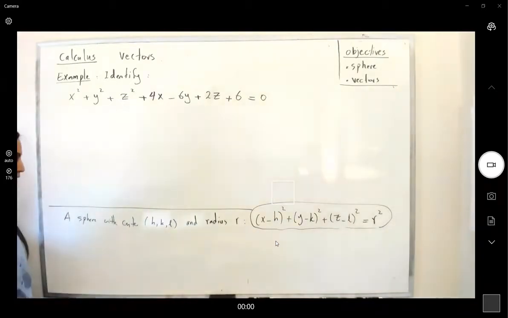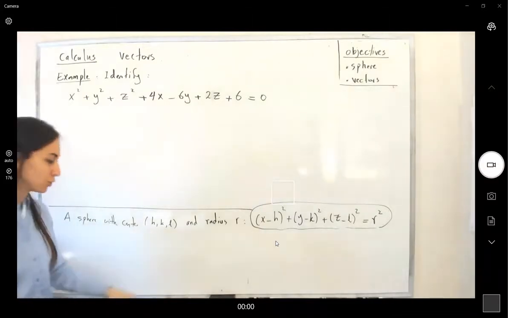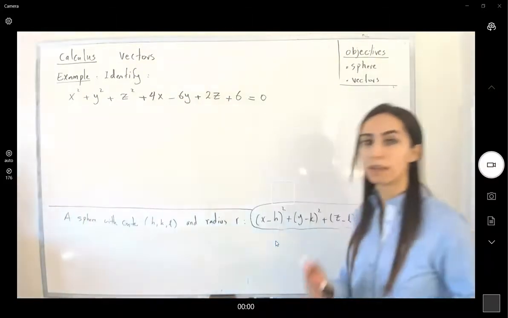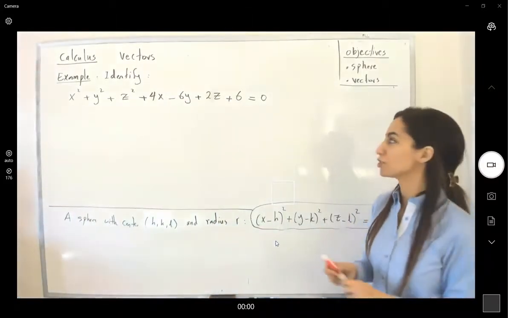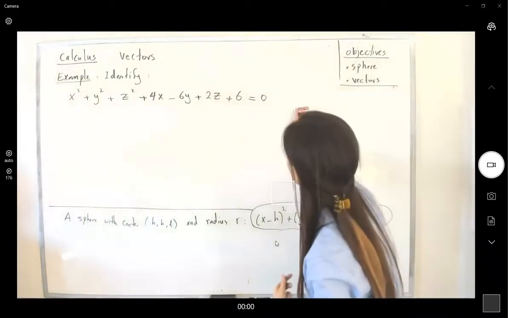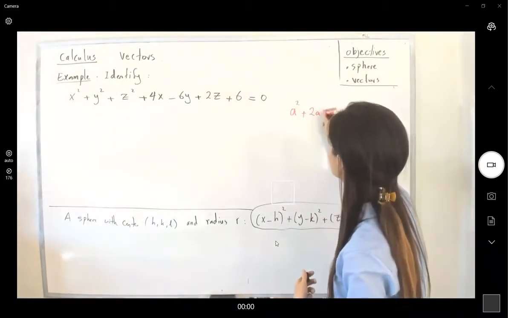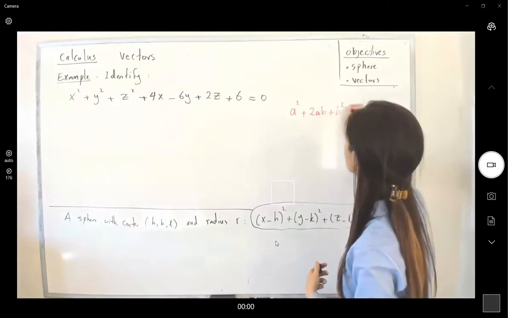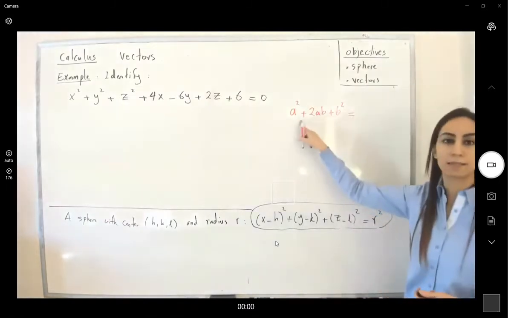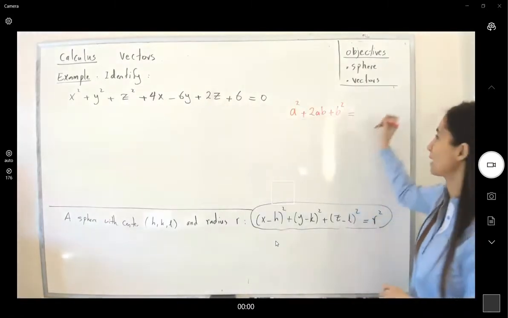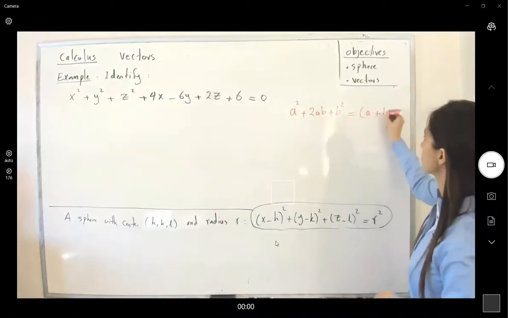Okay, perfect. So what are we going to use? We're going to use what we learned in elementary algebra. Remember that if you have, for example, a squared plus 2ab plus b squared, you can write this expanded form into the compact or short form (a plus b) squared.